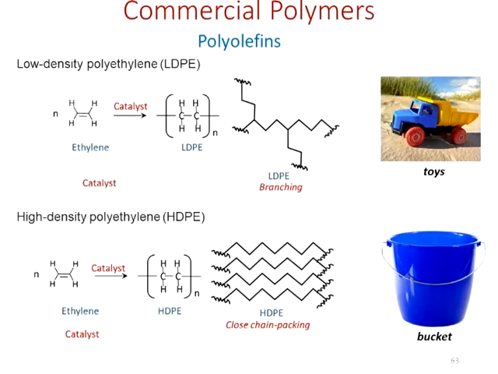It really just depends on how you want to run the process. But more times than not, when you see branching, and if the branching is self-induced or induced during the process, that's usually through a radical type of process or radical chemistry. So here this might be an example. Low density polyethylene, for example, might use and typically will use a common radical catalyst because it initiates certain branches.